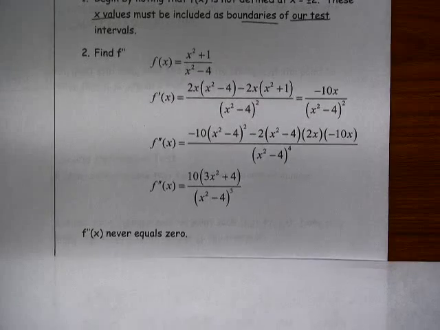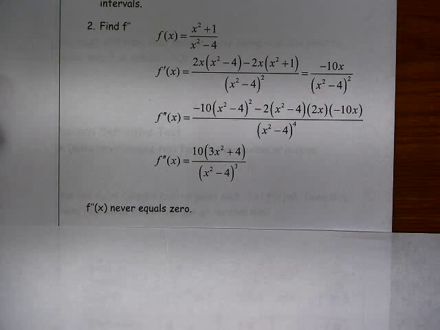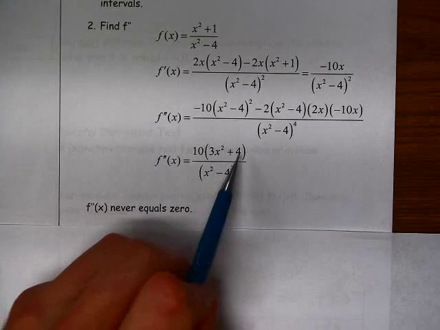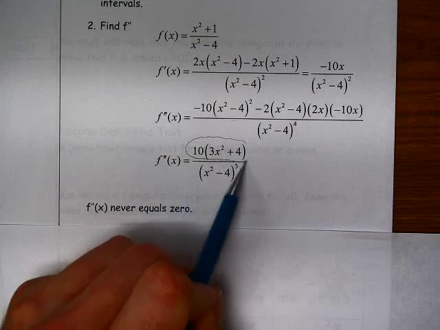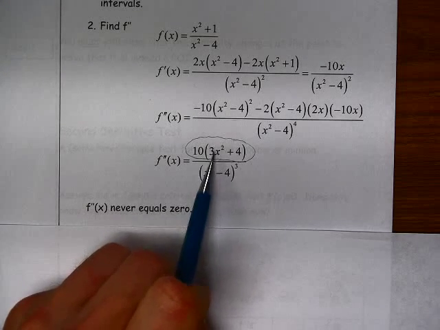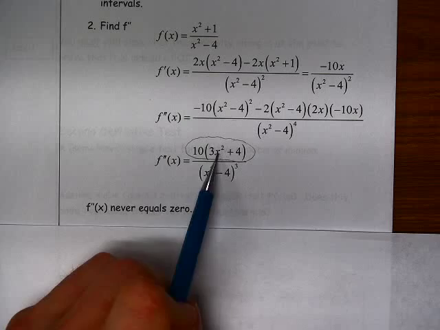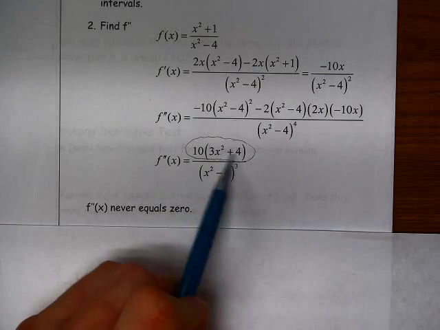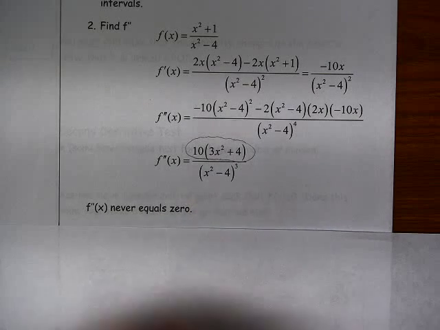So I can see by looking at this that the second derivative is never going to be equal to 0. All right. This numerator can never be equal to 0 because I have an x squared here, which will always be either 0 or positive. It's going to be non-negative no matter what my value of x is, and then I'm going to add 4 to it. So I'm never going to get a 0 in that numerator.